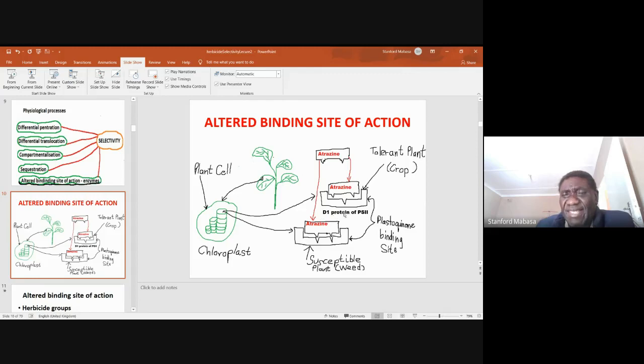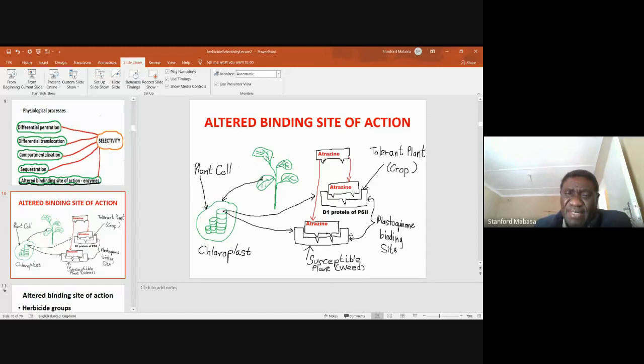For example, this D1 protein of photosystem 2 is actually representing the enzyme. Atrazine may not fit, or it may not be compatible with that enzyme. So it's free. It's not going to damage this crop because the enzyme is free of this atrazine.